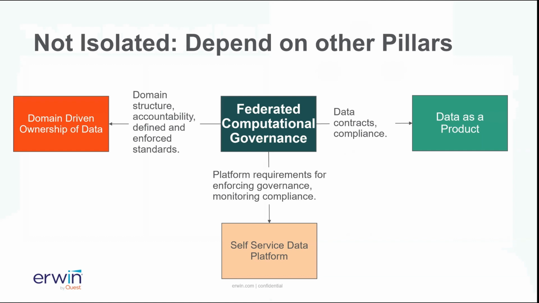So making sure that any self-service data platforms support automation around governance, checking data quality, and monitoring of compliance. So you've got three sets of dependencies in here, and each of these pillars depends on all the others to make up a locked set of practices. So today we're focusing on the governance aspects.